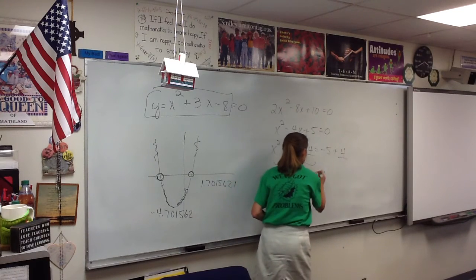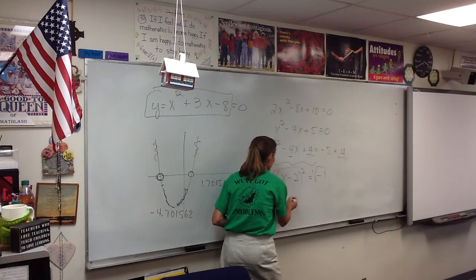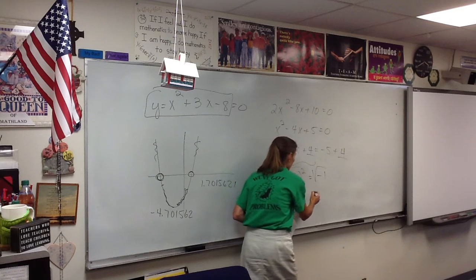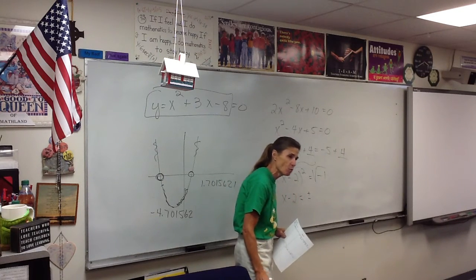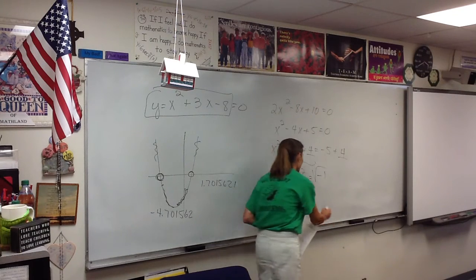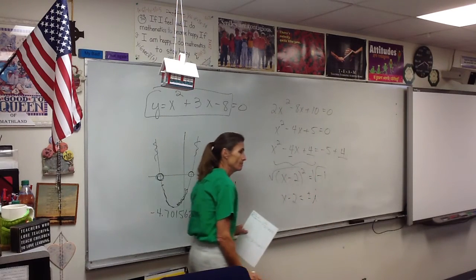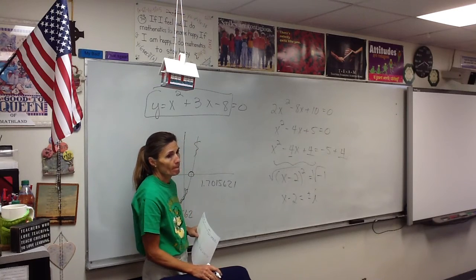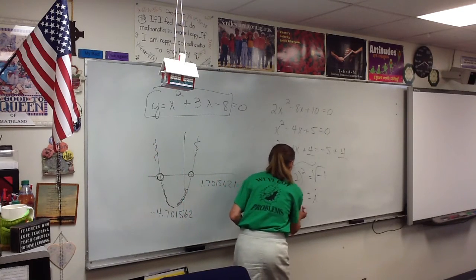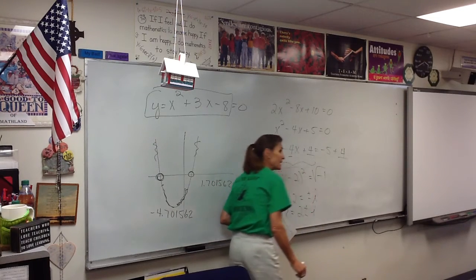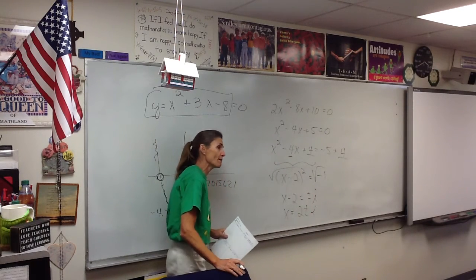Taking the square root of both sides, x minus 2 equals plus or minus, what's the square root of -1? I. Very good. X equals 2 plus or minus i. And those can't be added together, so you don't have to break that apart.